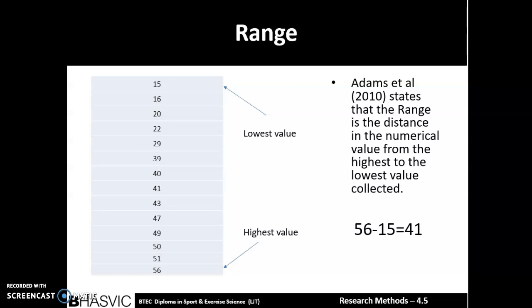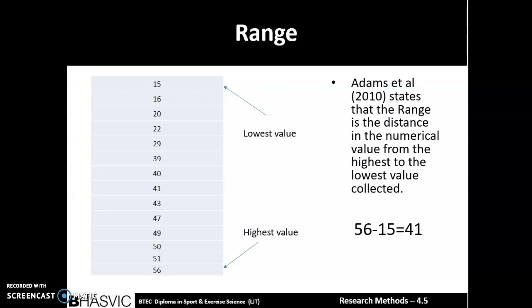Some negatives to the range, though, if the data set is mainly comprised of small numbers. So say up to 56, all these numbers were 3, 4 and 5 maybe, the range would ultimately not be representative of the whole data set, because you are literally taking the largest number and subtracting the smallest, and then you'd get another large number, and it would not be representative of all the small figures that were in your data set.